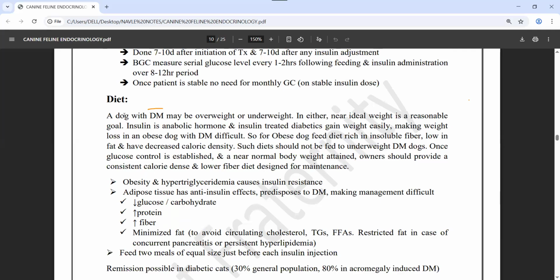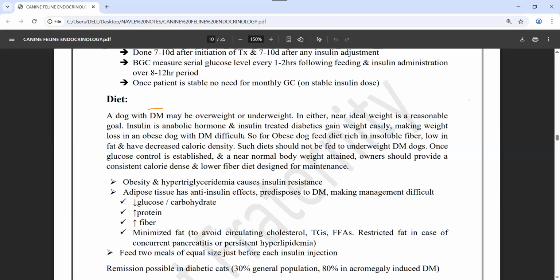Next thing is diet. A dog with diabetes mellitus may be overweight or underweight. In either case, near ideal weight is a reasonable goal. Insulin is an anabolic hormone, and insulin-treated diabetics gain weight easily, making weight loss in an obese dog with diabetes mellitus difficult.